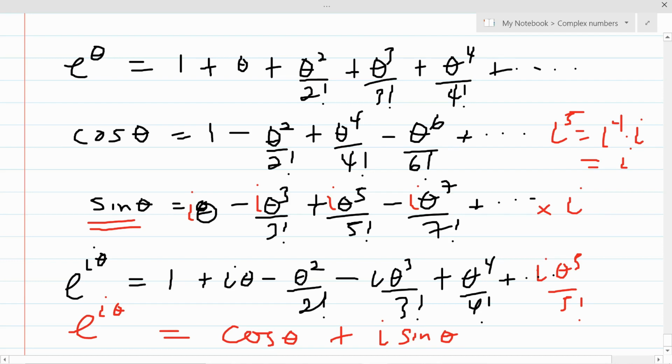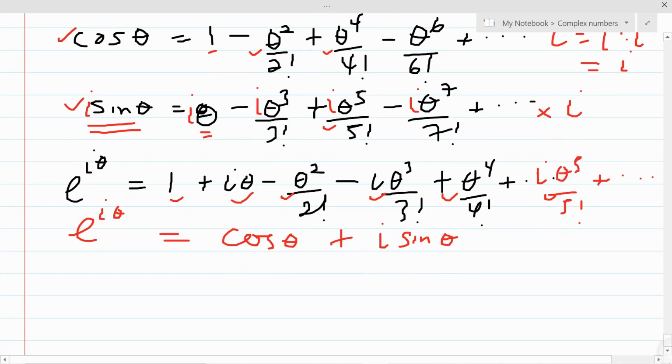If I sum cos theta, this one, and i sine theta, here you multiply i by sine theta, it will be like this one that is here, plus i sine theta, and that is here, then plus minus theta squared over 2, this is here, then plus minus i theta cubed over 3 factorial, that is here, then plus this, and it's also here, and it will continue like that.